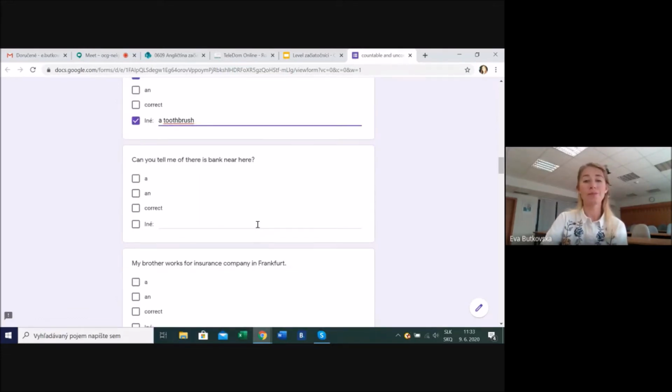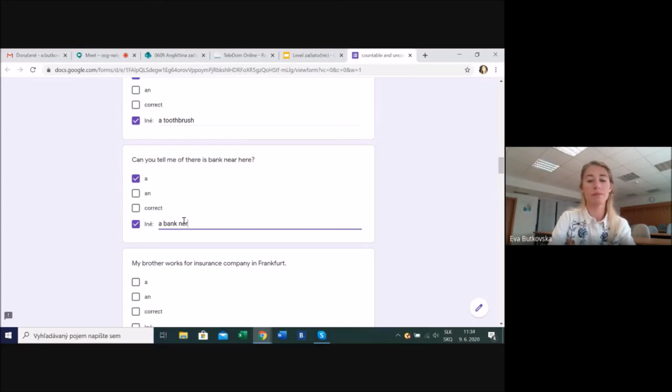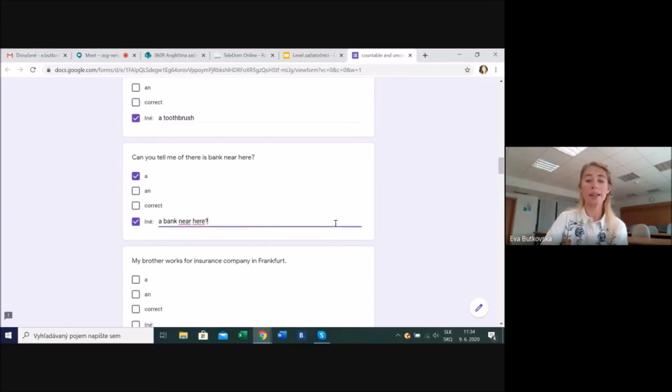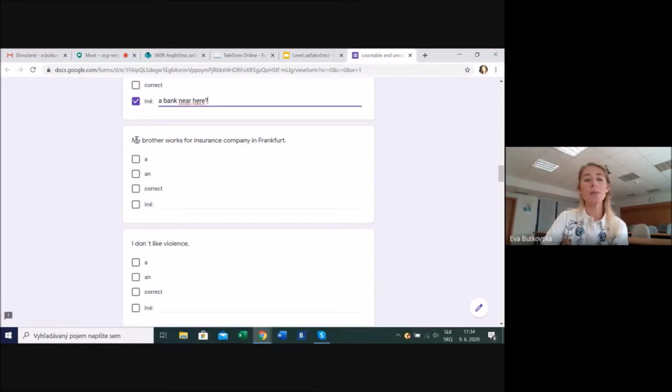Next one. Can you tell me if there is a bank near here? Bank, it's countable, so we would add a bank near here. A bank.